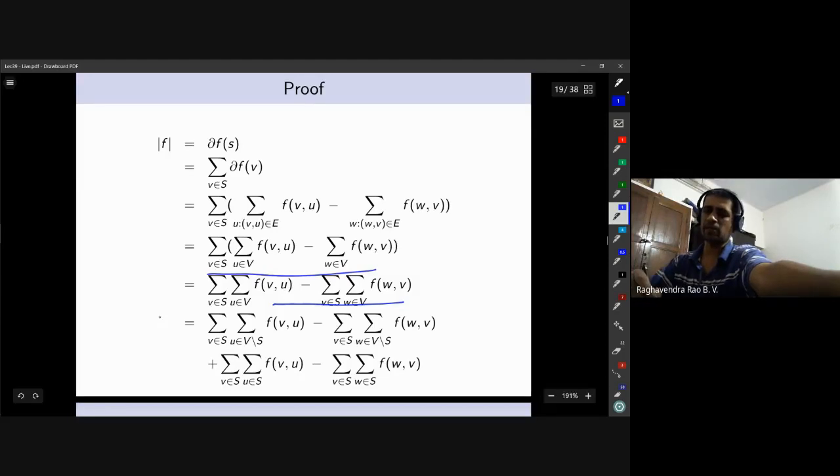I just split this summation, whether u is in S or u is not in S. So I wrote the first portion as those not in S, and the second portion as those in S. Similarly, I split this summation. This is how it will look.